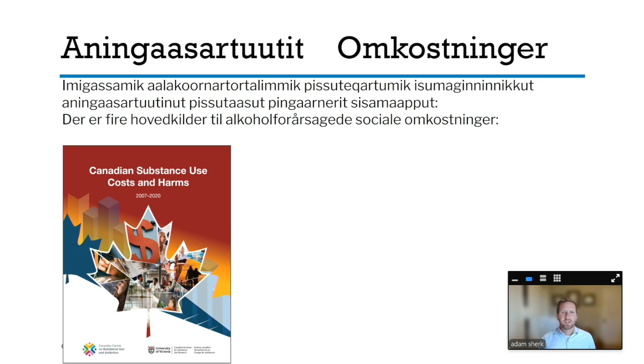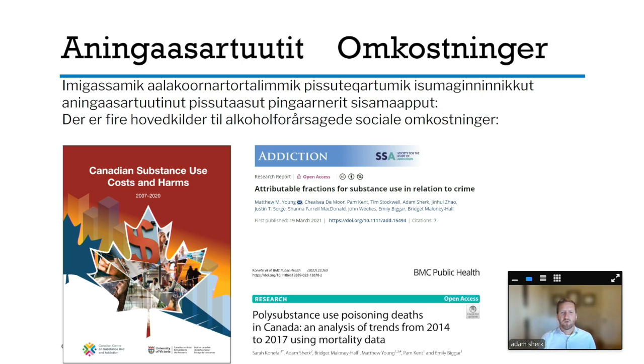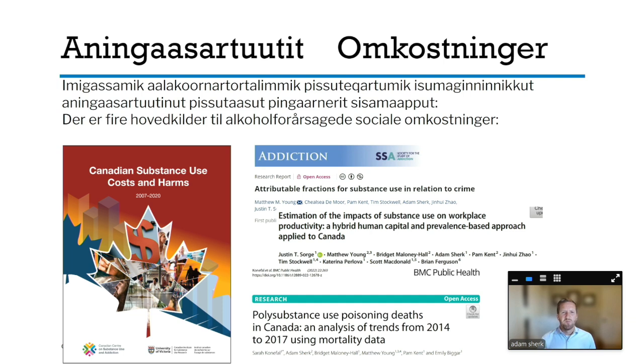It's called the Canadian Substance Use Costs and Harms Study, and it's an ongoing national study that's funded by Canada's Ministry of Health, which is called Health Canada. We also have some academic, scientific articles that back this up. So we have the report, and then we've also published these scientific articles that build the basis for the methodologies and for the work that we've done in the report.